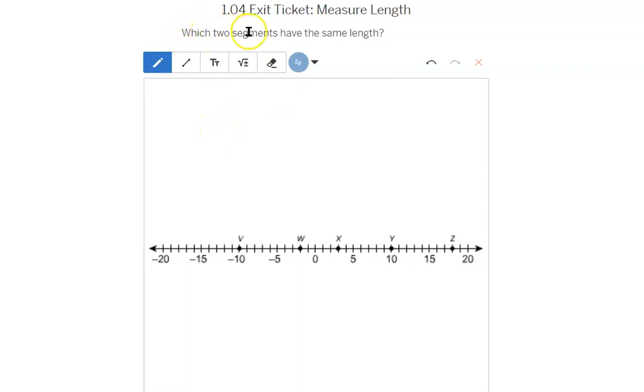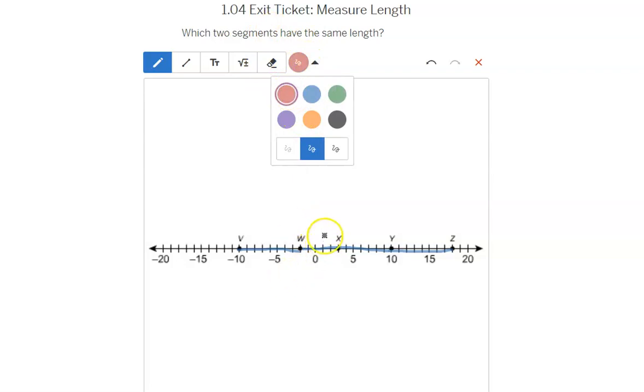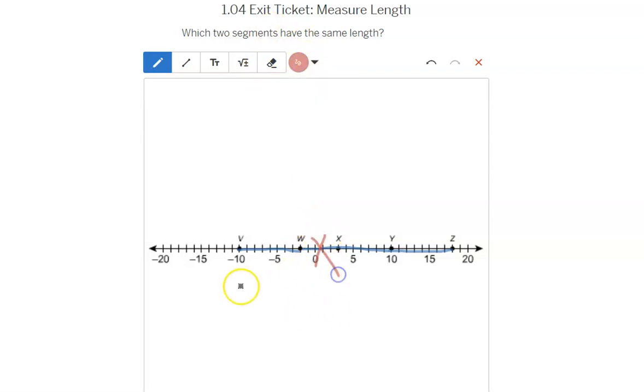Okay, which 2 segments have the same length? We've got a couple of different segments here. I have VW, I have WX, I have XY, and I have YZ. Now we can do the math and add these tick marks in each of these. One of the things that I notice right away is that this is much shorter than all of the other ones.